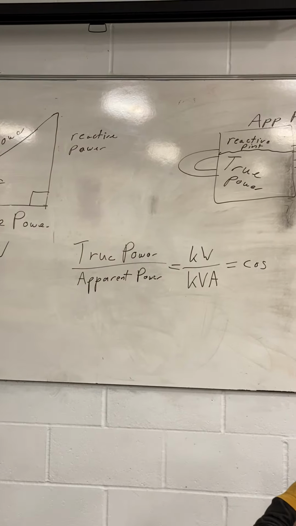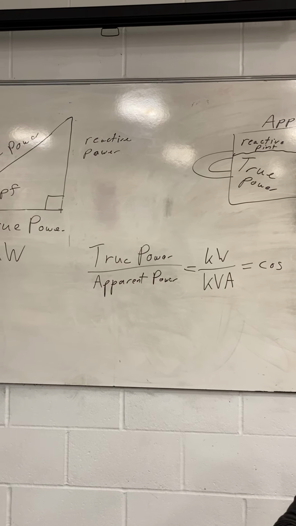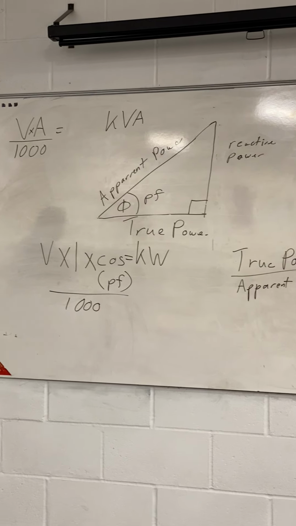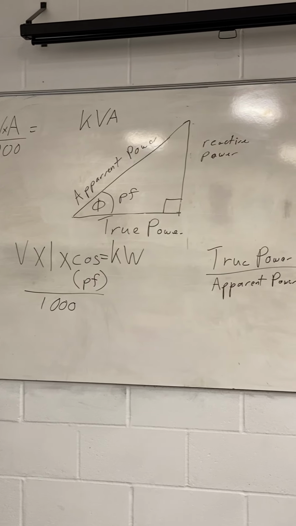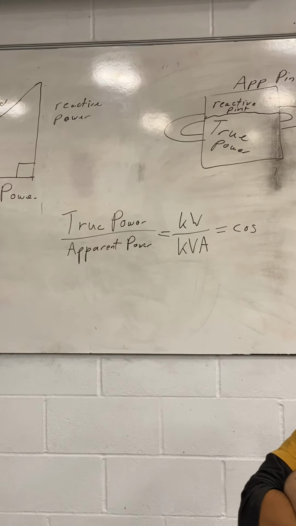So from that, we now get the formula of true power divided by apparent power equals our cosine. Or if you simplify it to symbols, it's kilowatts divided by kVA equals cos. One more thing to bear in mind is that from that, we can actually calculate the angle of that triangle. If we're drawing it to scale, you could measure it.